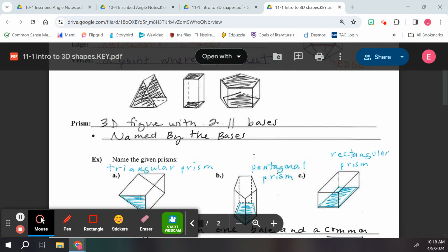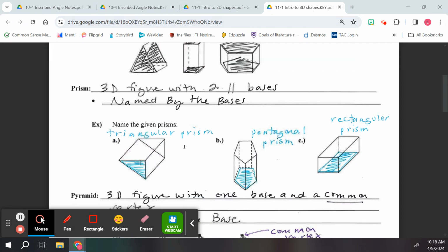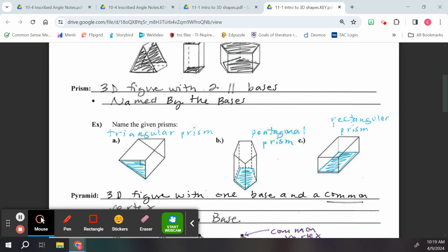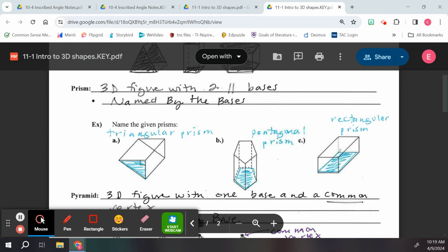Okay, let's take a look at these examples. If we look at this, the main base shape is a triangle, so we call this a triangular prism. Here, the main base shape is a pentagon, so we call it a pentagonal prism. Here, the main base shapes up and down are rectangles, so we have a rectangular prism here.